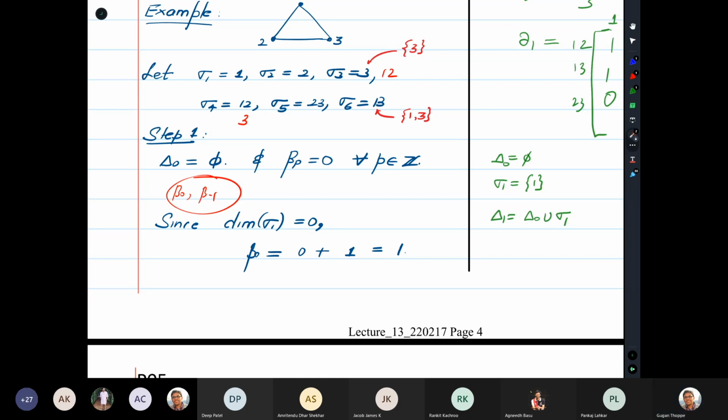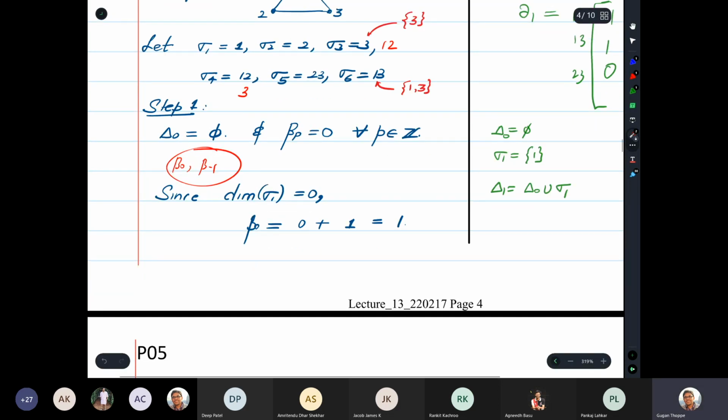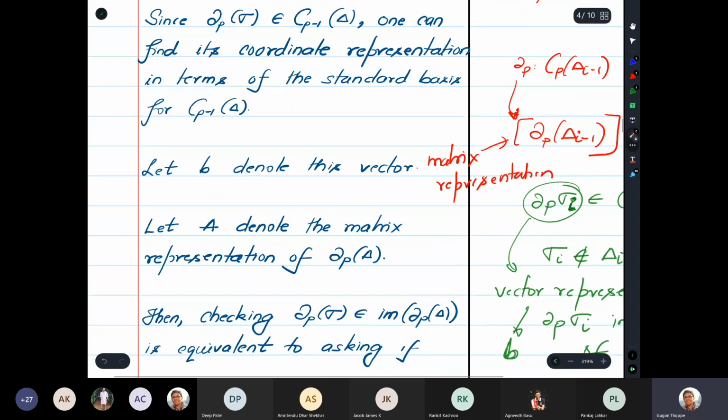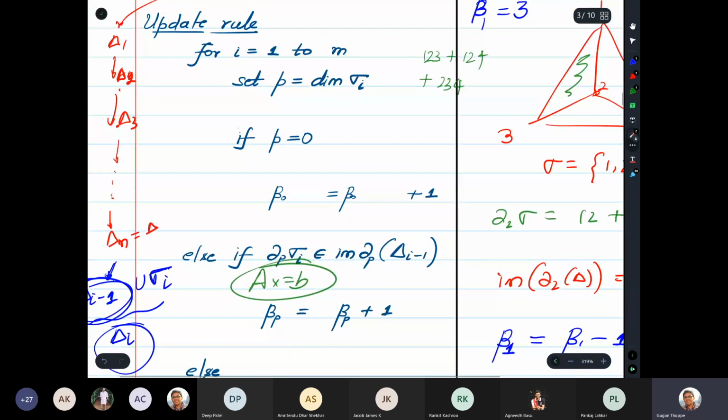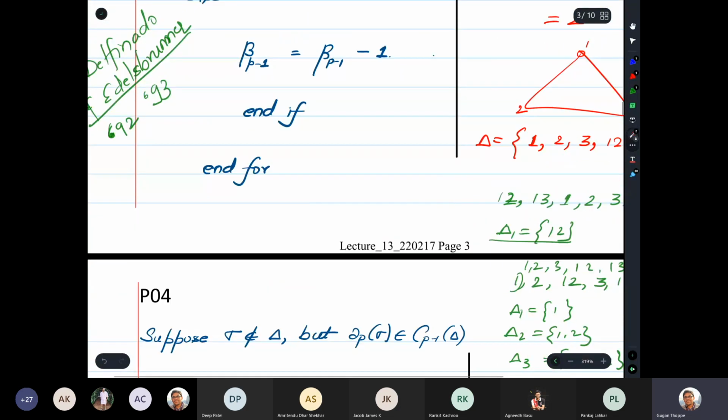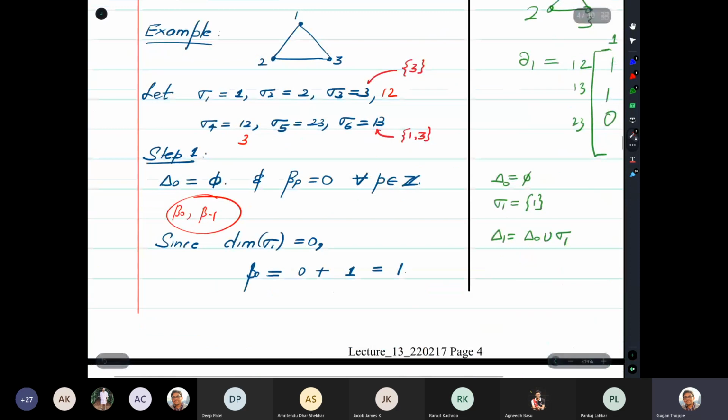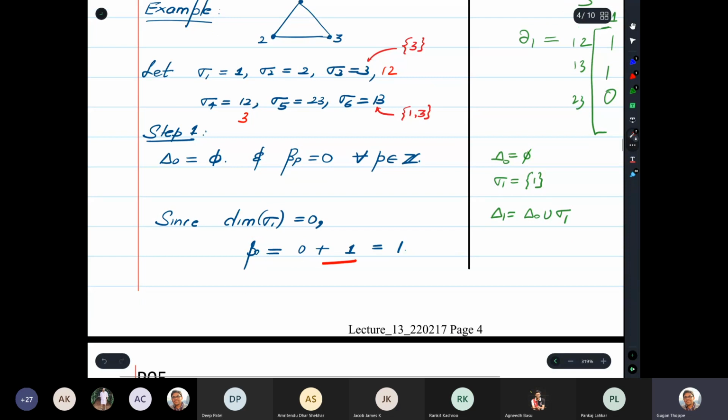So the first thing we notice is that the dimension of this is 0, right? And in this incremental algorithm, what we saw was that whenever p is 0, the 0th Betti number will increase by 1. So I think I stated this incorrectly. Since p is 0, we are directly going to increase Betti 0 by 1.